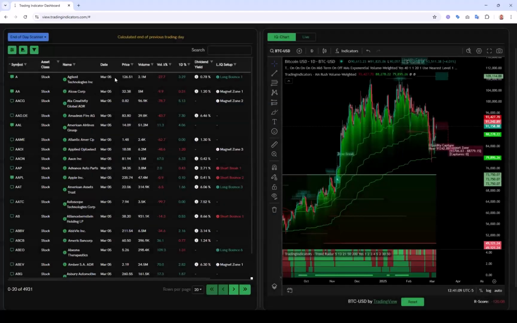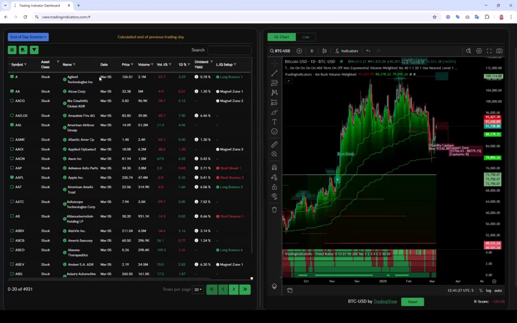The date part. Date shows you when this symbol, when prices and all the other indications here, were recalculated. So here it says March 5th, which is yesterday. And this brings me back to another point.